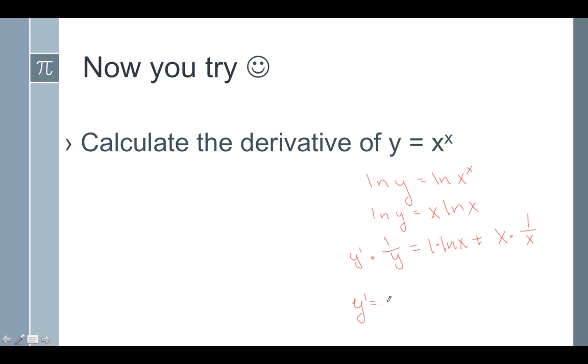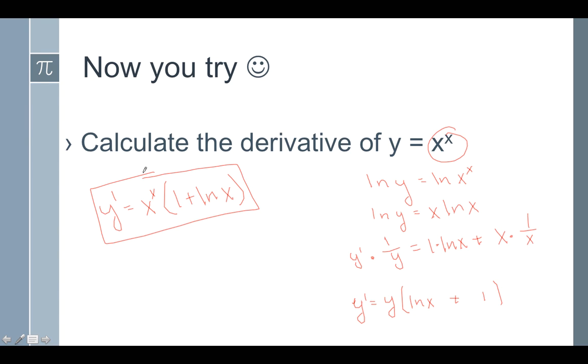I need to multiply both sides by y, so I get y times the natural log of x plus 1, because x over x is 1. And since y is x to the x, y prime is equal to x to the x times 1 plus the natural log of x.